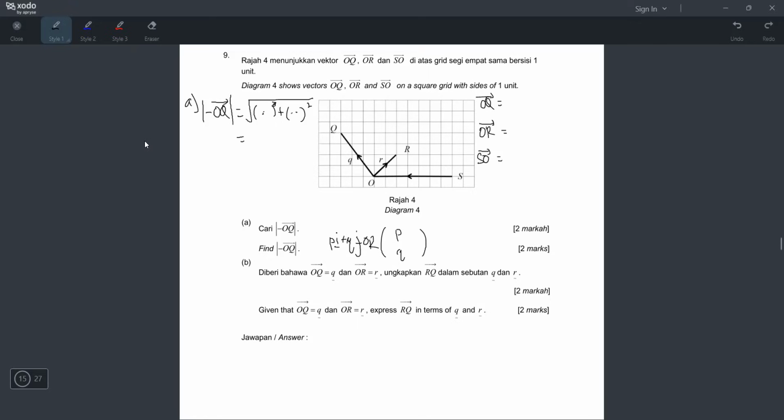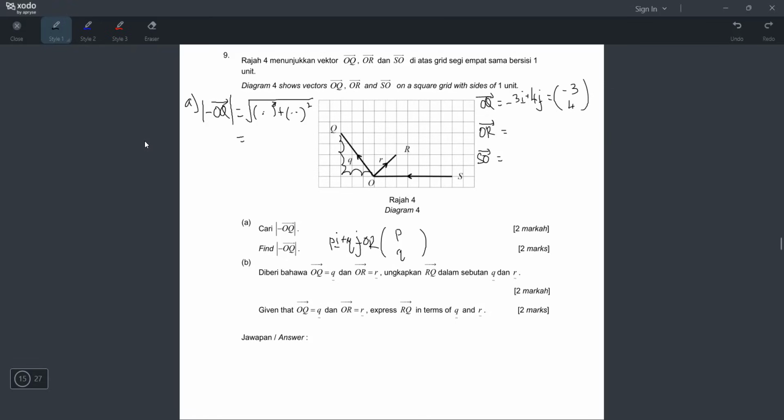I know it says here is a vector Q, but I want it in ij. So it's negative 3, then 1, 2, 3, 4. So it's -3i plus 4j. Or you can also write it in column vector form like this. They have the same meaning. And always count the horizontal one first: 1, 2, 3, then 1, 2, 3, 4. And why is it negative? Because it's to the left.